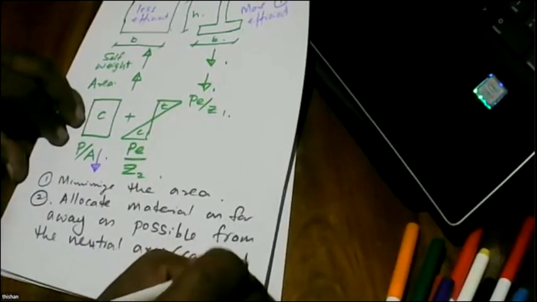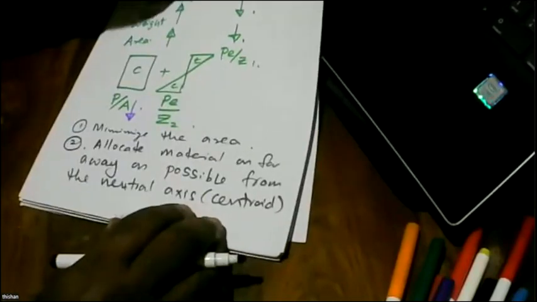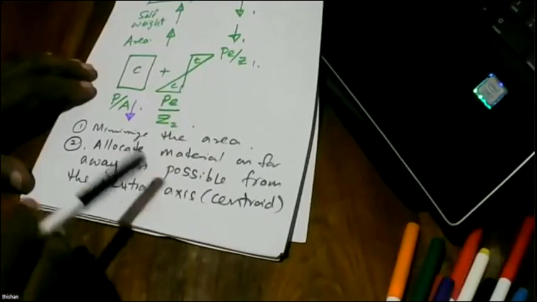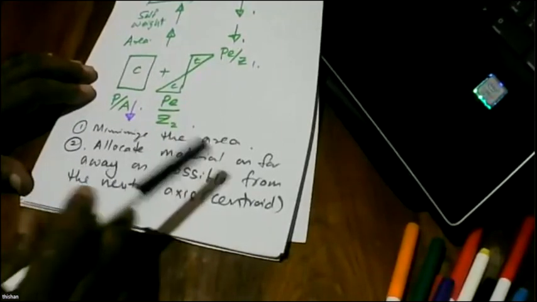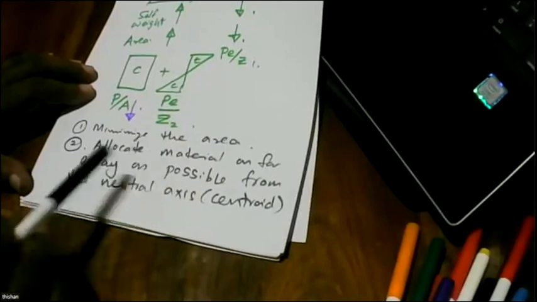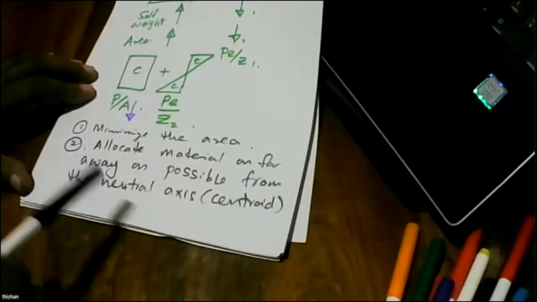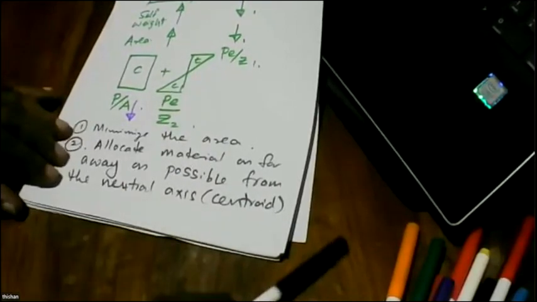Because in prestressed concrete, the section is effective, centroid and neutral axis both are the same. So our rule is allocate material as far away as possible from the neutral axis.